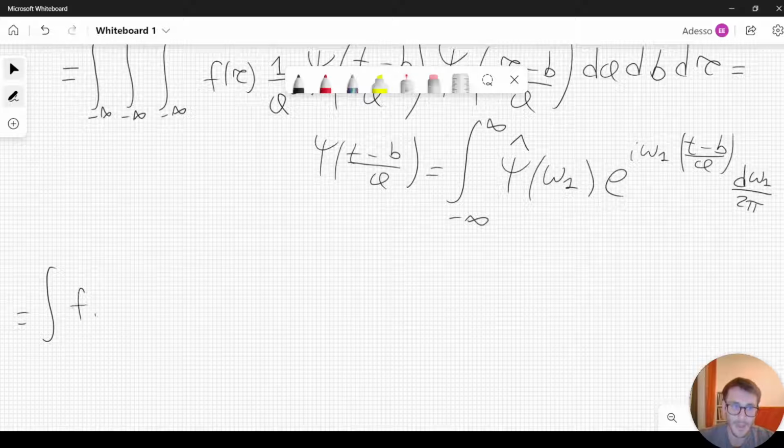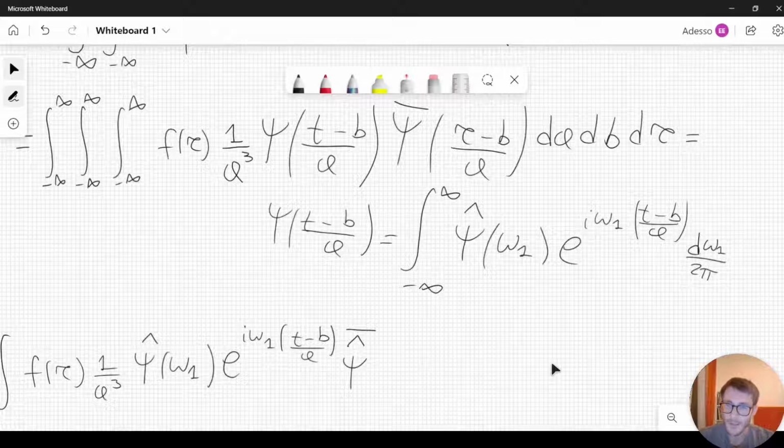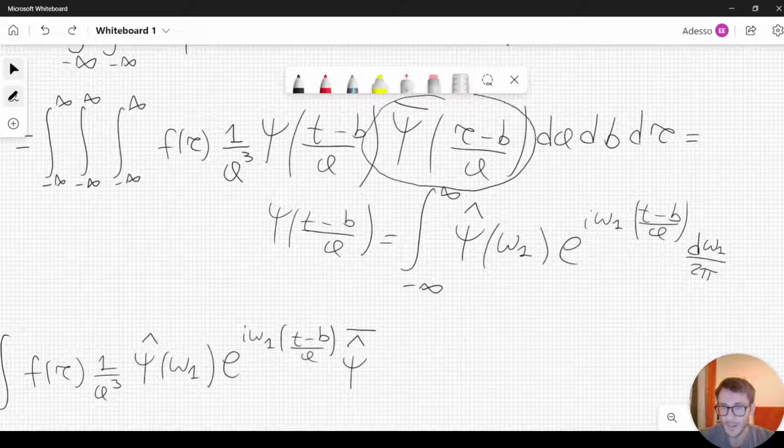And then I have f of tau, I have 1 over a cubed, I have psi hat of omega 1, e to the i omega 1 t minus b over a, and then I have psi hat bar, which comes from here, and in particular when we replace the inverse Fourier transform here.